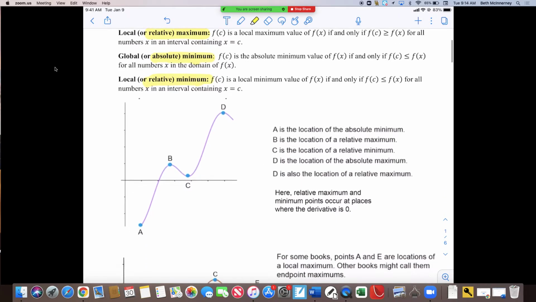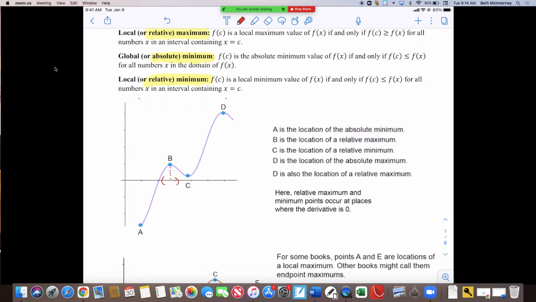So if you look at this diagram here, A is called an absolute minimum. It is the lowest y value on this interval. B is what we call a relative maximum. As you come in from the left and the right, this is where B is. If in this neighborhood B is higher than the values to the left or to the right, then that's a relative maximum.